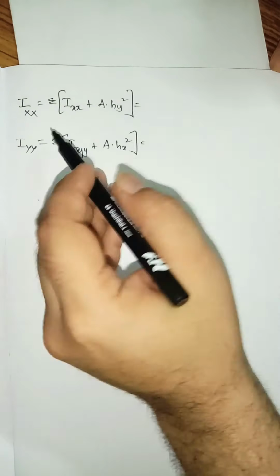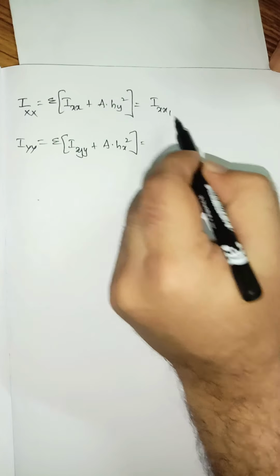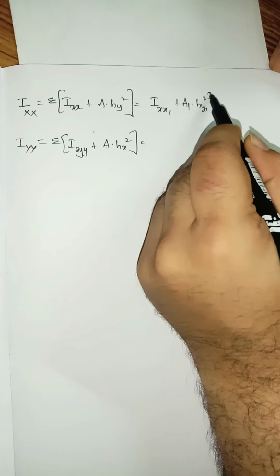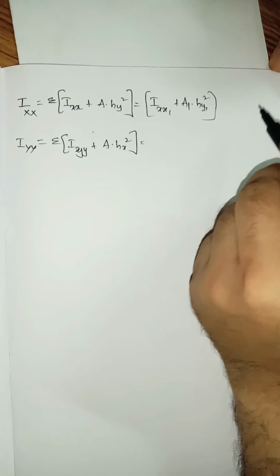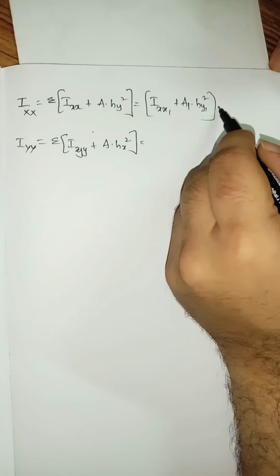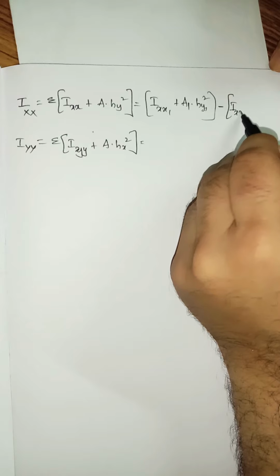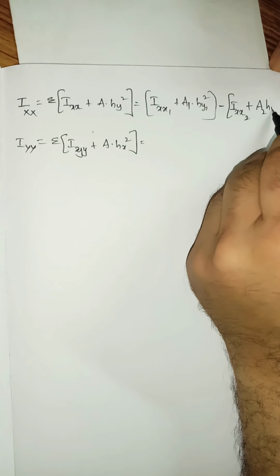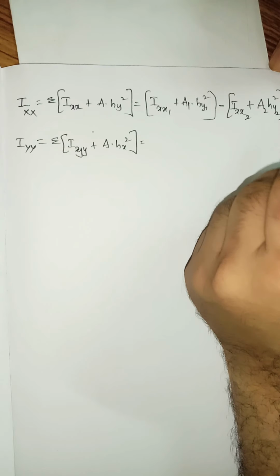Now expanding the formula, we have Ixx1 plus A1 multiplied by hy1 square. This is for the bigger circle, minus Ixx2 plus A2 multiplied by hy2 square. This is for the smaller circle.